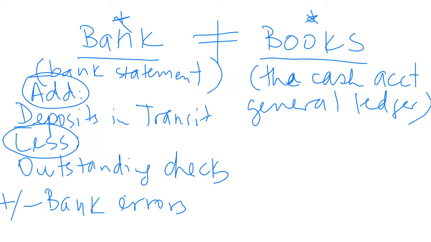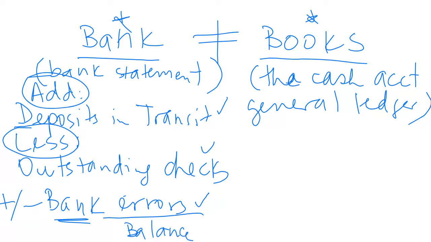That's why we'll report bank errors on the bank side of the reconciliation. If the company made the error, then the effect of the error will be shown on the book side of the reconciliation. So these three things, deposits in transit, outstanding checks, and bank errors, should help us get to the correct balance.